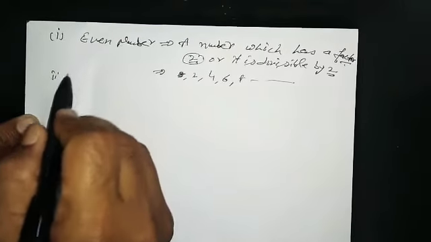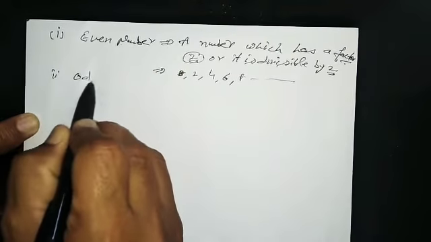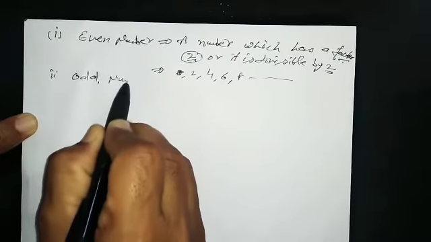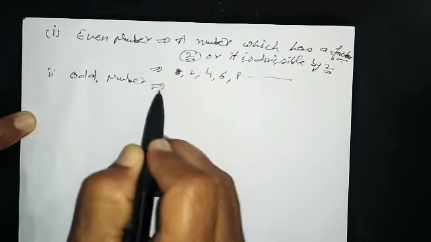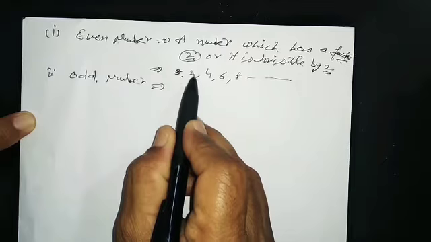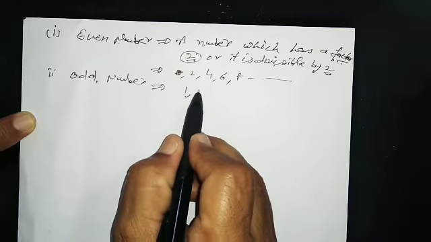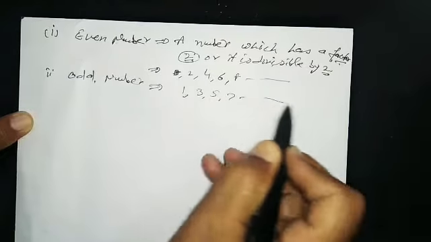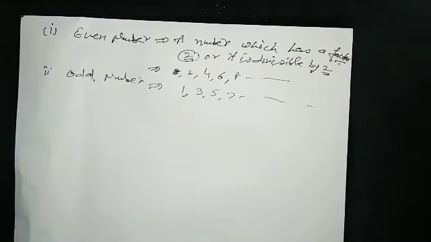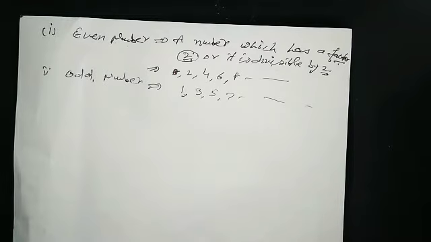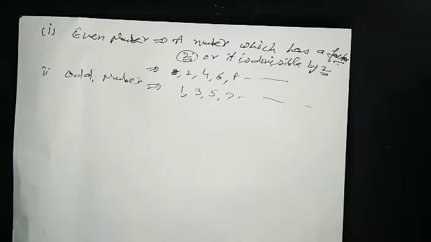Again, you can say odd number. What is an odd number? A number which is not even, meaning 1 is not even, that is odd. 3, 5, 7 and so on. So we can take help of even numbers to define odd numbers.